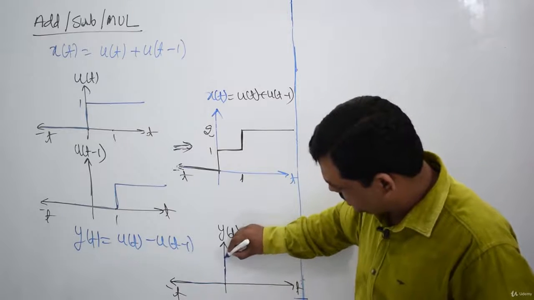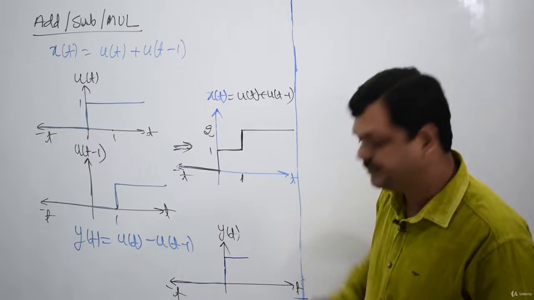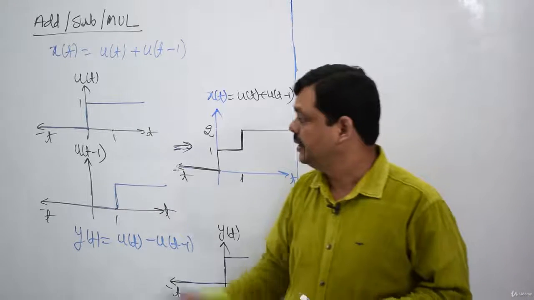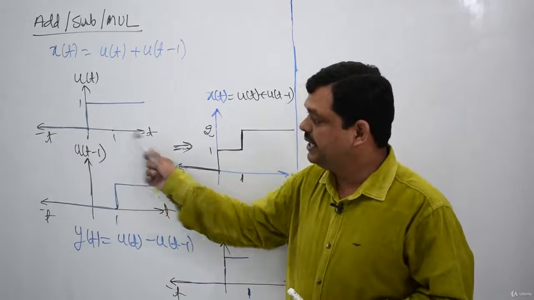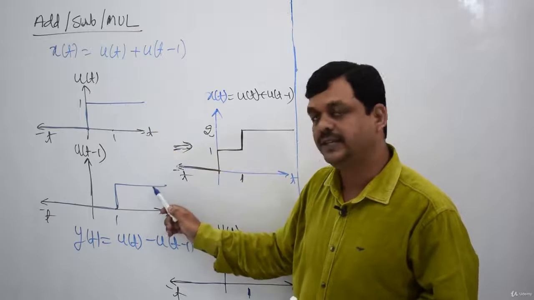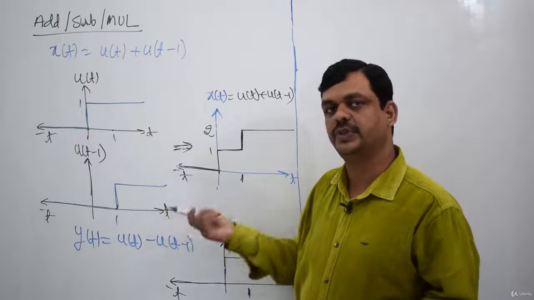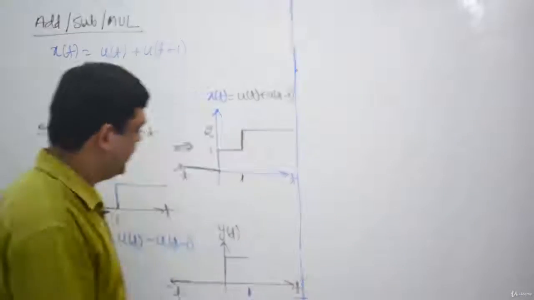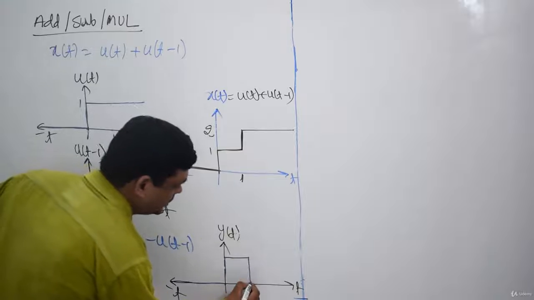From 0 onwards, it gives amplitude 1 up to time 1. Then if the time is greater than 1, this amplitude is 1 and this amplitude is 1. Subtraction of these two is 0, so 1 minus 1 is 0. Then the amplitude is 0.